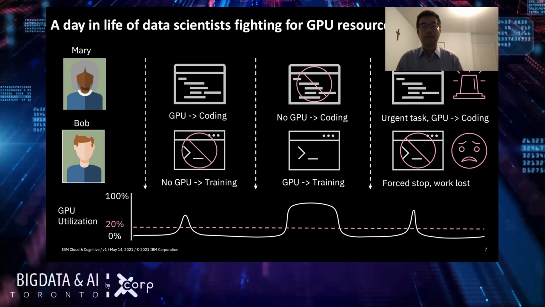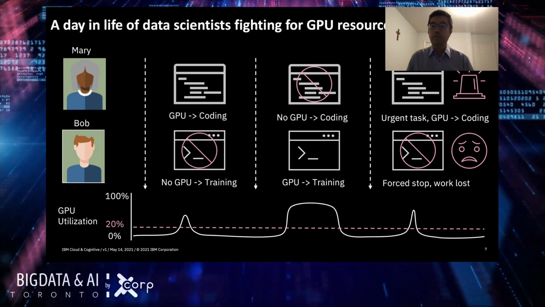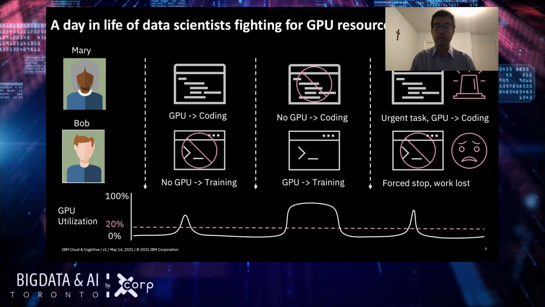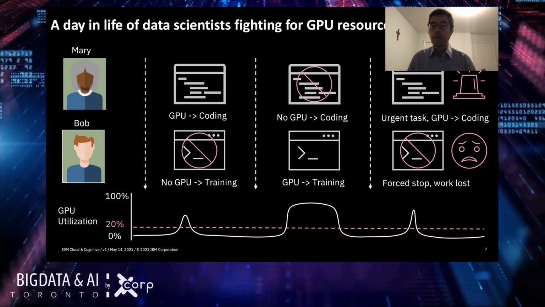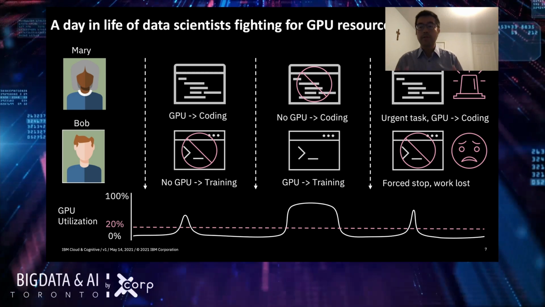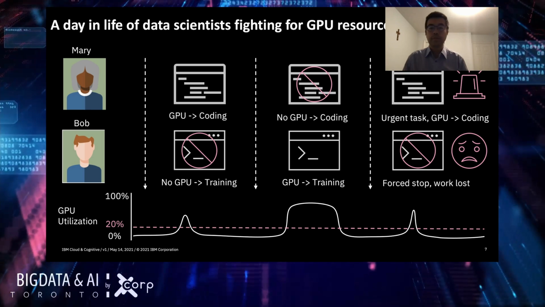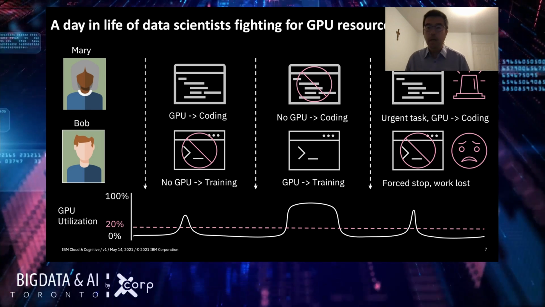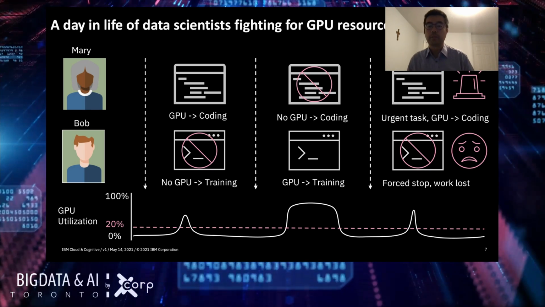Let's zoom in on a day in the life of two data scientists, Mary and Bob, fighting for GPU resources. You see in this diagram, Mary starts her Jupyter notebook with GPU kernel and starts coding. While Mary's coding, she's locking the GPU, and while that GPU sits idle, at the same time, Bob is ready for training, but he can't get a GPU to train his model.